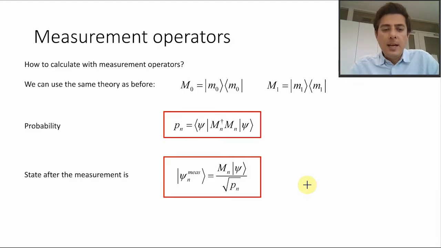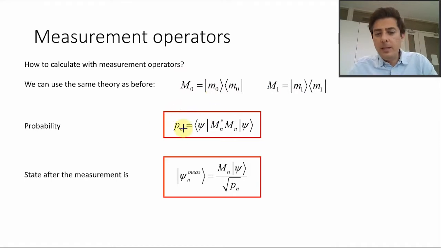Okay, so as we said before, how do you work with the measurement operators? Well, we first write down these measurement operators, say M0, M1. M0 and M1 are again some orthogonal states. I haven't told you what they are yet, but you can choose them as you want.